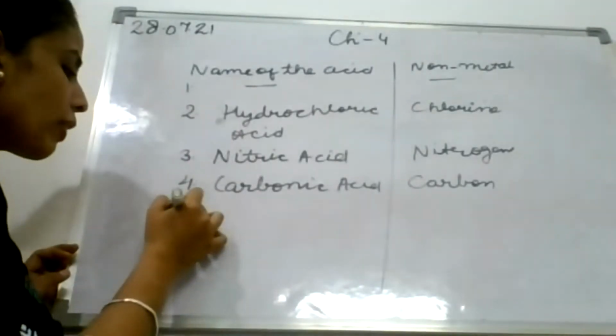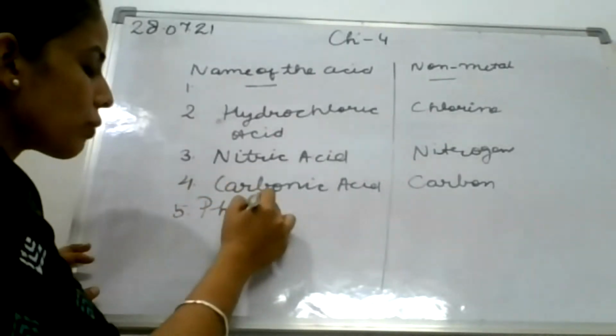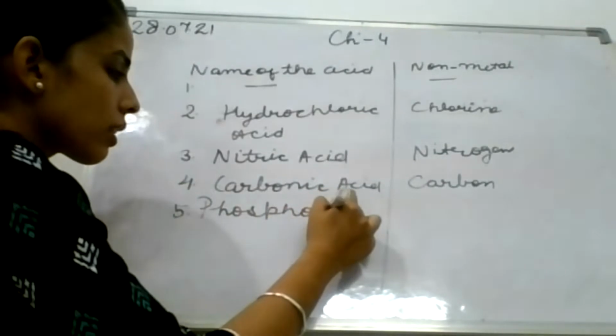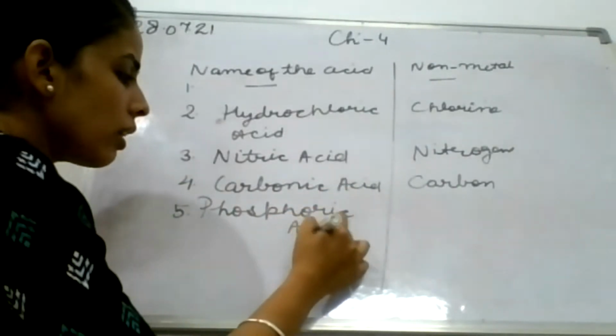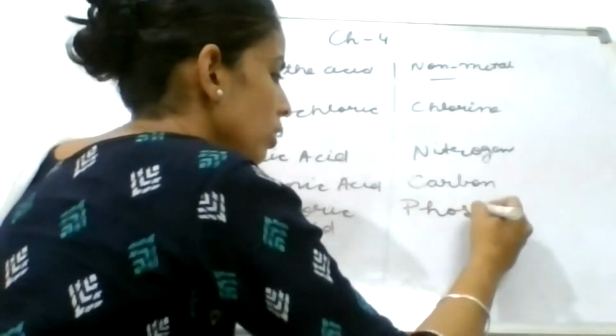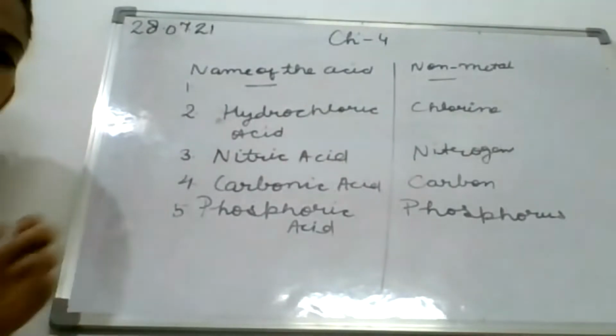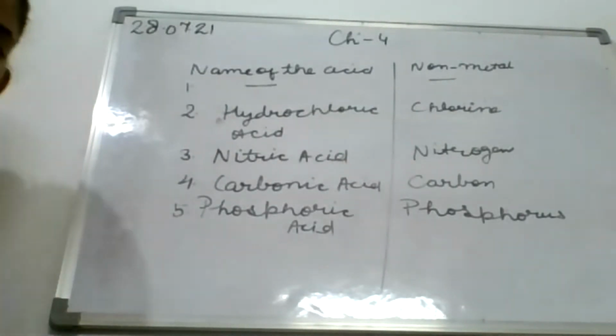Clear? And the fifth one is phosphoric acid. Clear? And it contains the non-metal phosphorus. Clear? So you have to complete this table in your book.